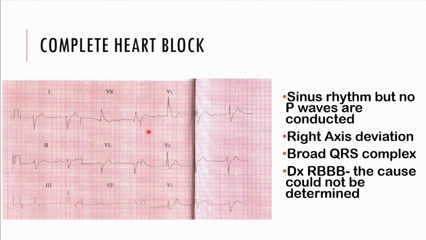So this person had right bundle branch block, though we could not really determine what was causing this, but they also had complete heart block where there was no proper association of the P waves with the QRS complexes. And some P waves you can actually see at different positions. So this is complete heart block.